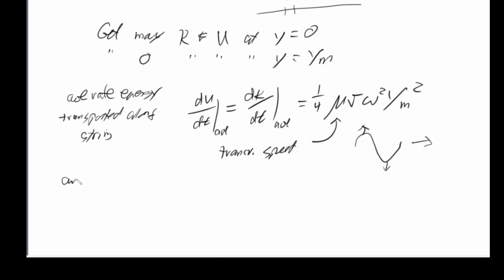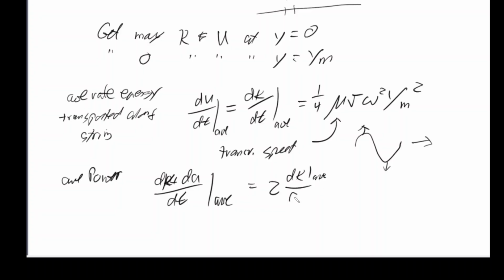And the average power that's in the string would be the change in kinetic and potential energy versus time, average. And because these are equal, that would be equal to 2 times either one of them. So we'll take average kinetic energy with time.